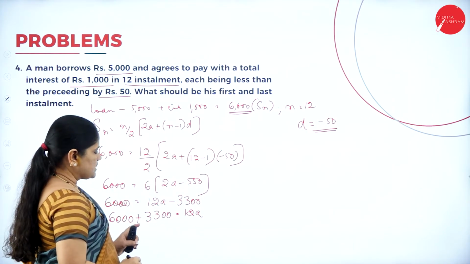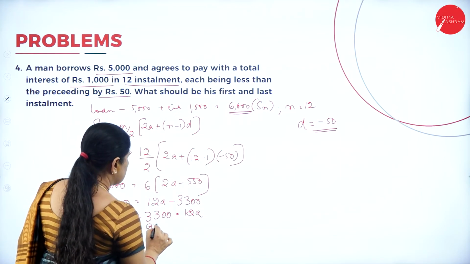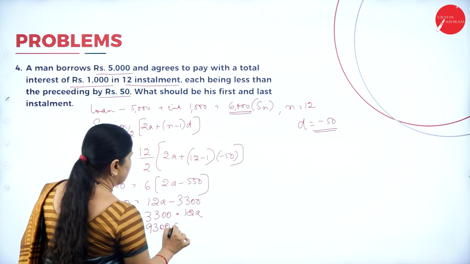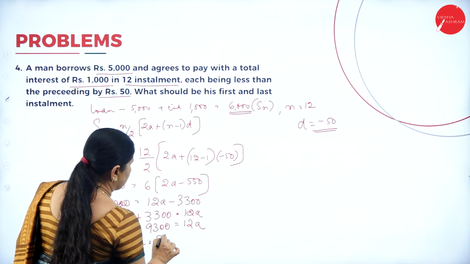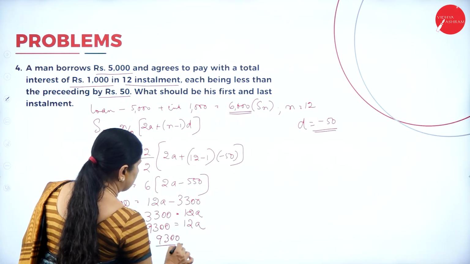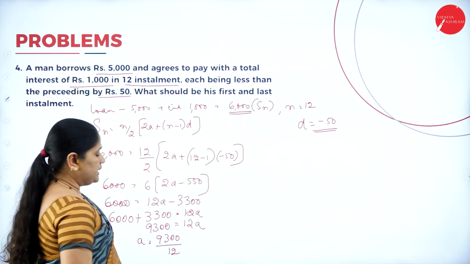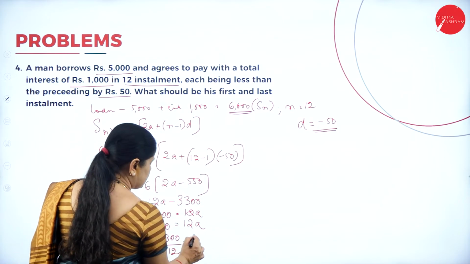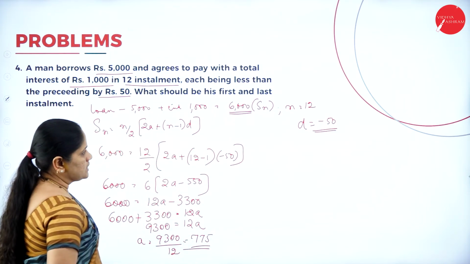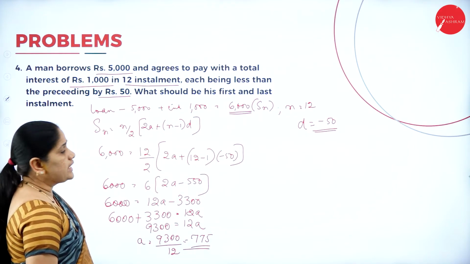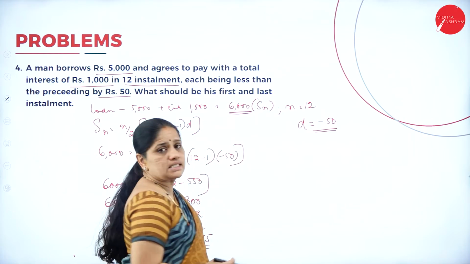So it becomes 6,000 plus 3,300, that is 9,300 equals 12a. A will be equal to 9,300 divided by 12. So when I divide this, I get 775 rupees. So A equals 775. Now what is the last installment?